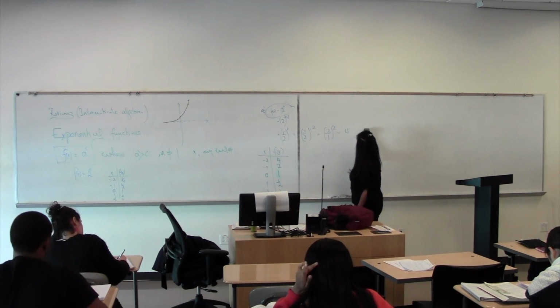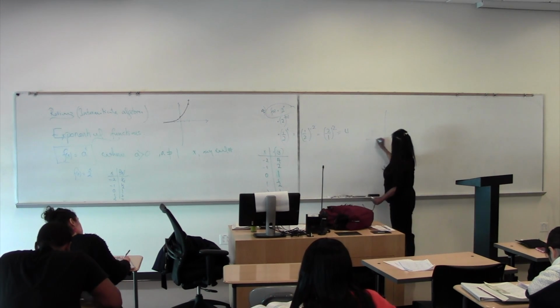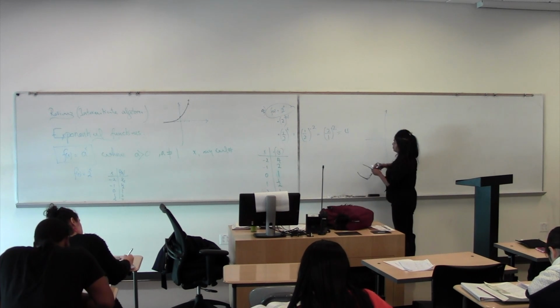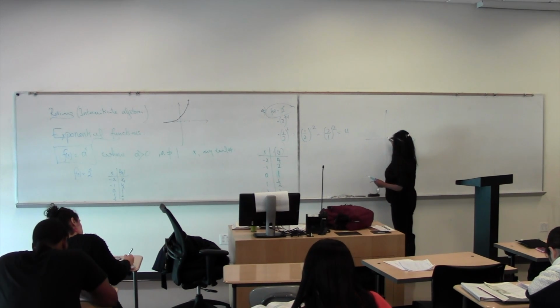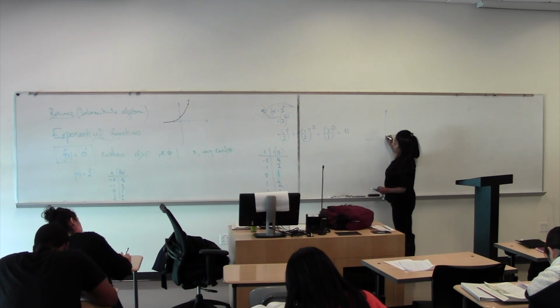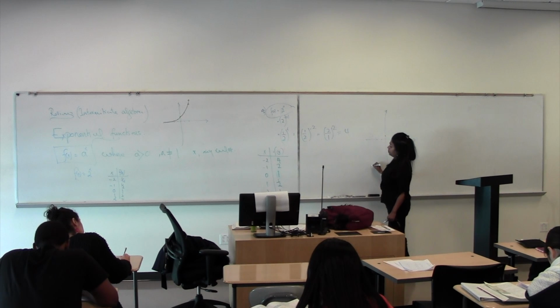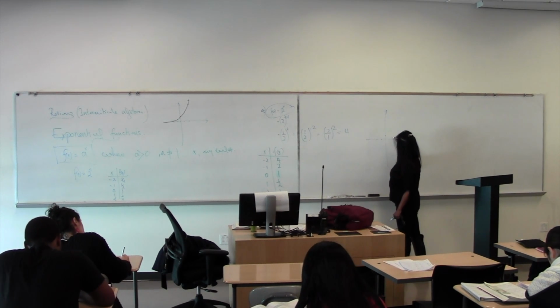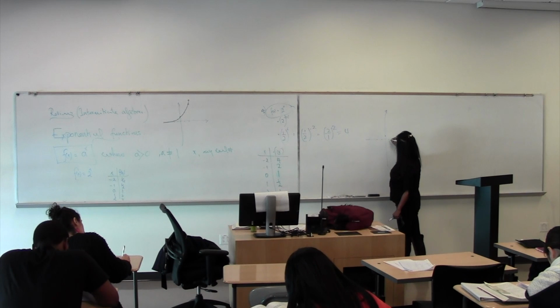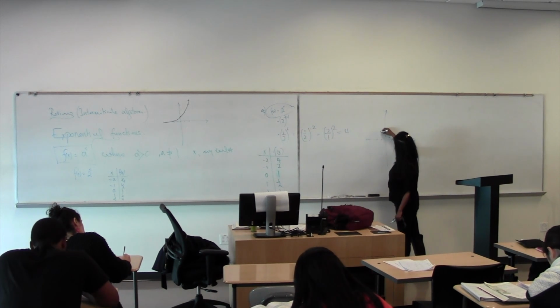So now we know this. Pick some numbers. X is 0, 1, x is 2, 1/4, x is 1, 1/2, x is negative 1, 2, x is negative 2, 4.